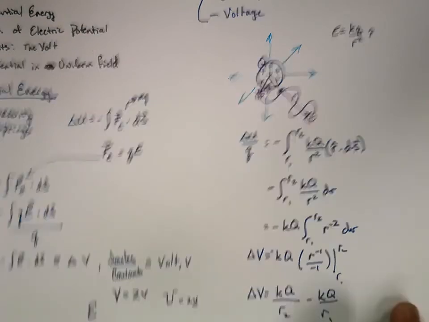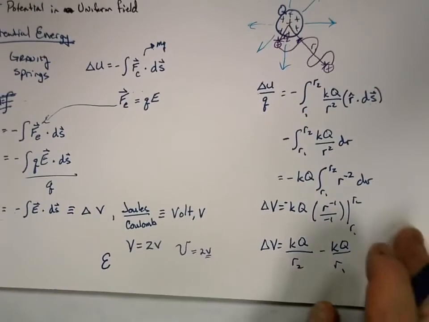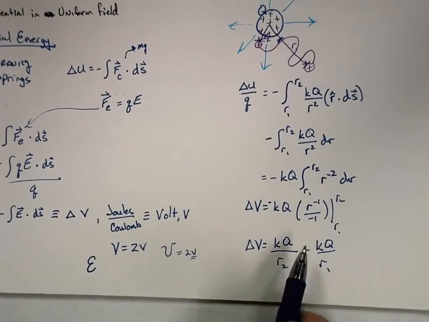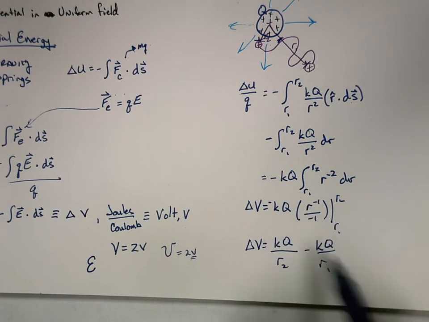So we're here, evaluated from R2 and R1. But just like with our gravitational potential, we talked about what was our gravitational potential at an infinite distance away from the Earth? Zero, right?